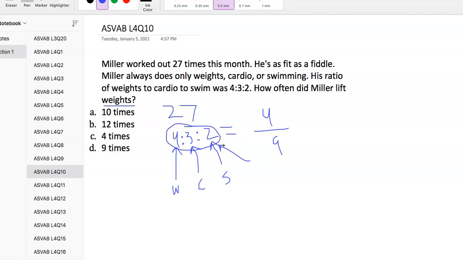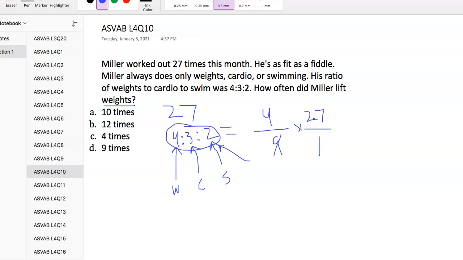And we know that he worked out 27 times this month, which is a lot. So that's how we're going to figure that out. 4/9 of the time times 27 equals how much of the time he lifted weights.